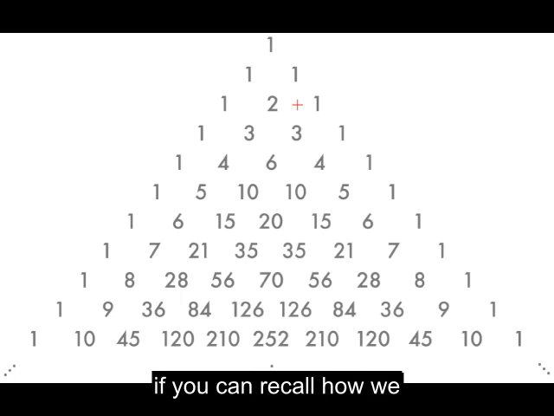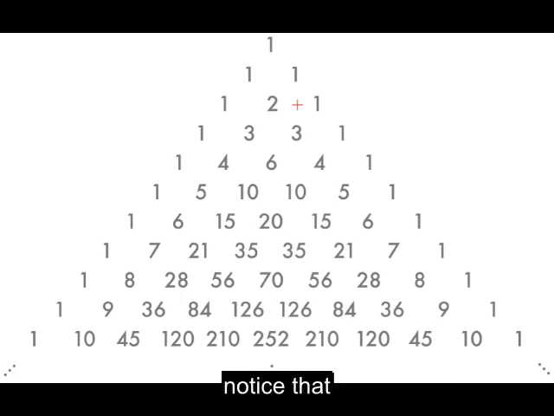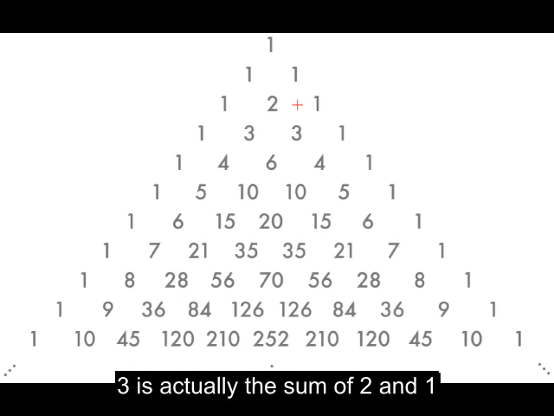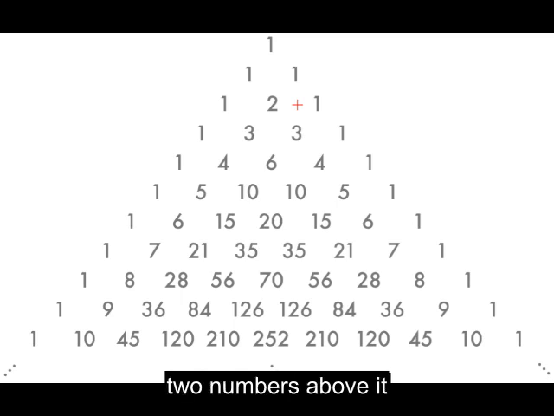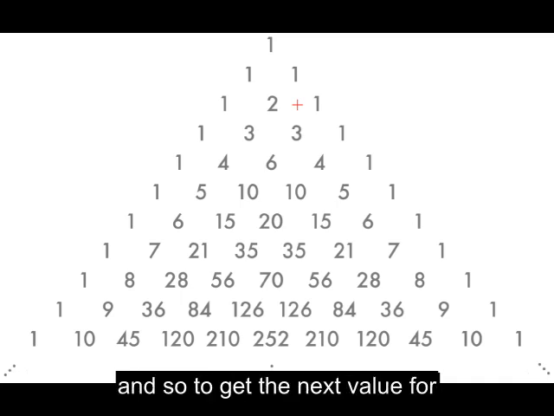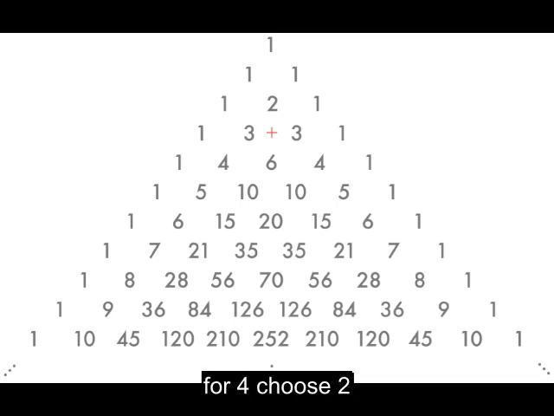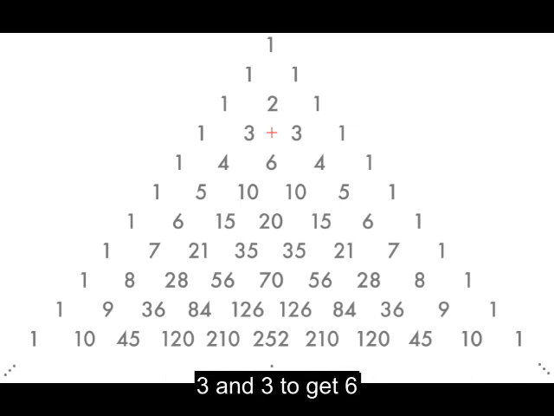And if you recall how we constructed Pascal's triangle, you notice that 3 is actually the sum of 2 and 1, the two numbers above it. So that's how Pascal's triangle is constructed. To get the next value, 4 choose 2, you need to add 3 and 3 to get 6.